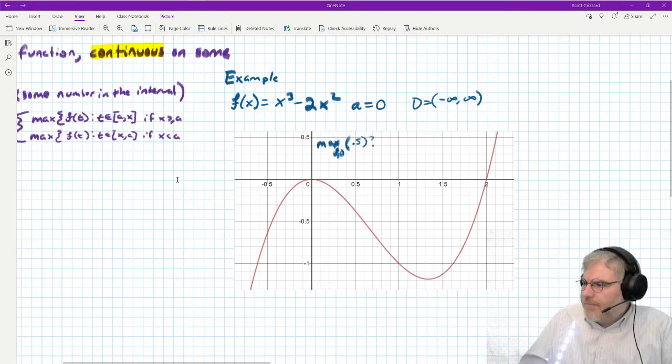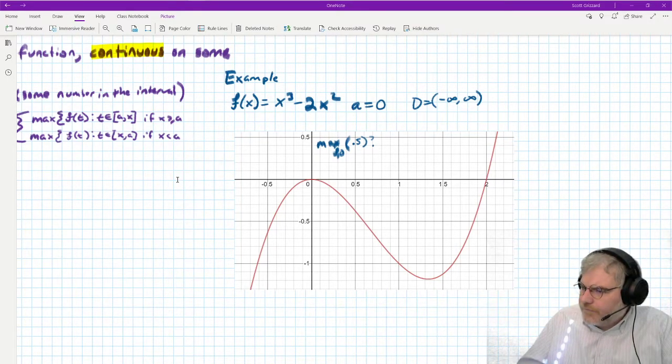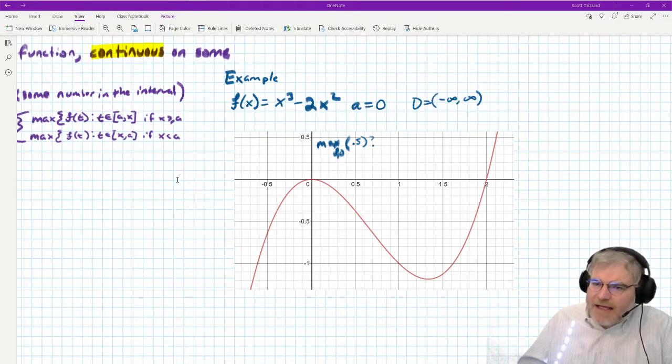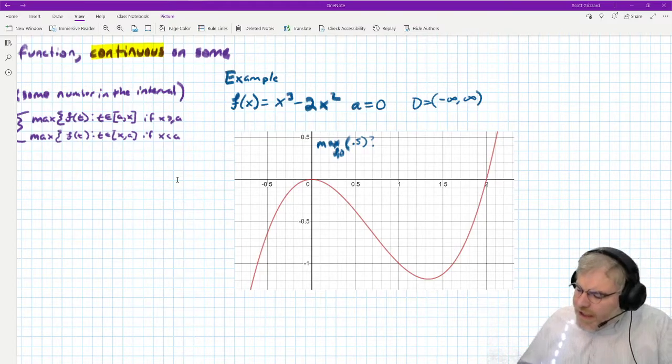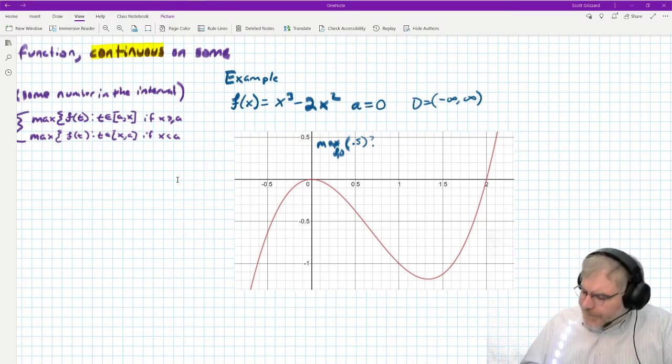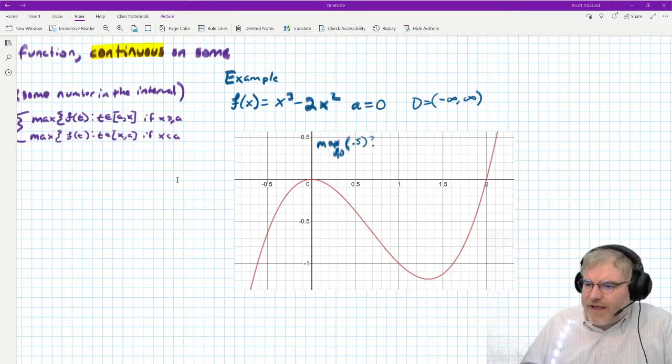What do we think? The question is, what's the spot? So what is f of 0.5? Which is bigger, f of 0.5 or something else in the middle?